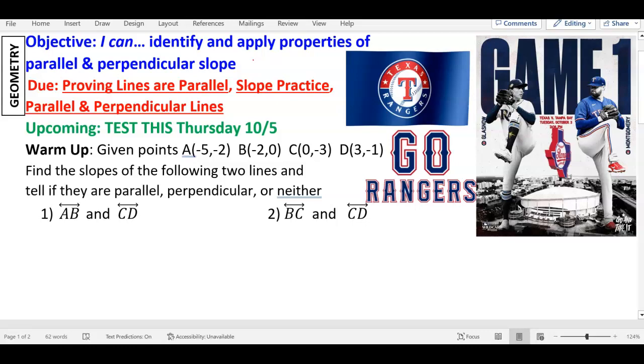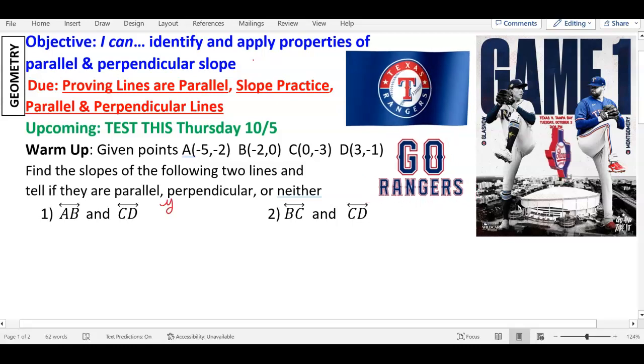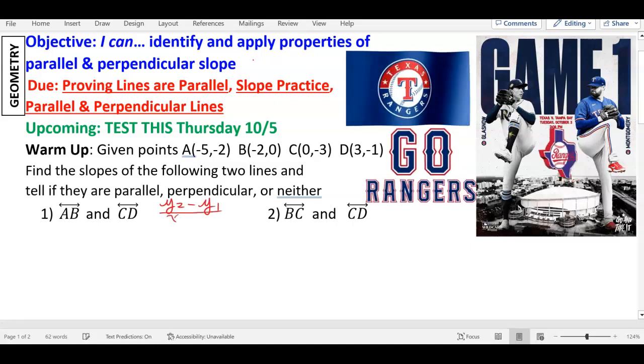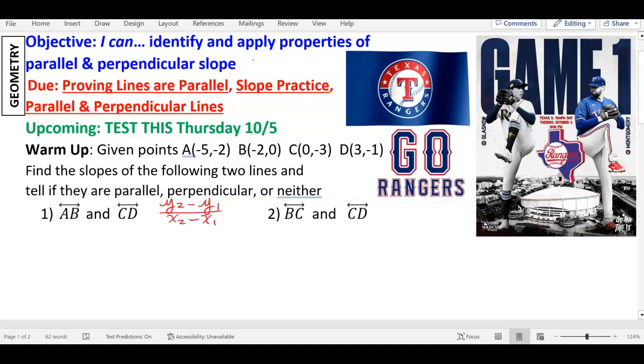Now, what's that formula to find slope? Do y'all remember? You wrote it on the notes yesterday, and you had it on your notes and assignment last week. Y2 minus Y1 over X2 minus X1. Does that look familiar? Okay, you got to use that, know how to use it.